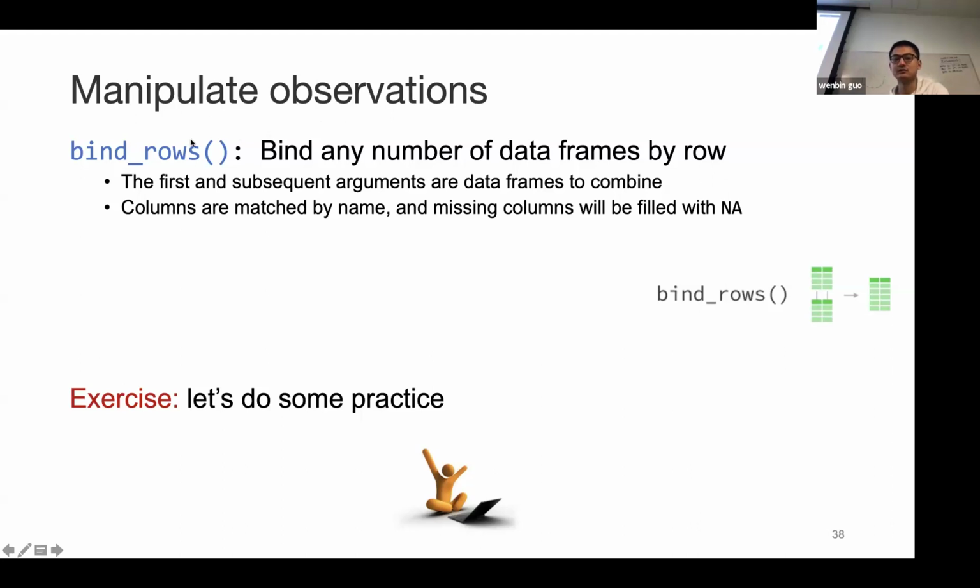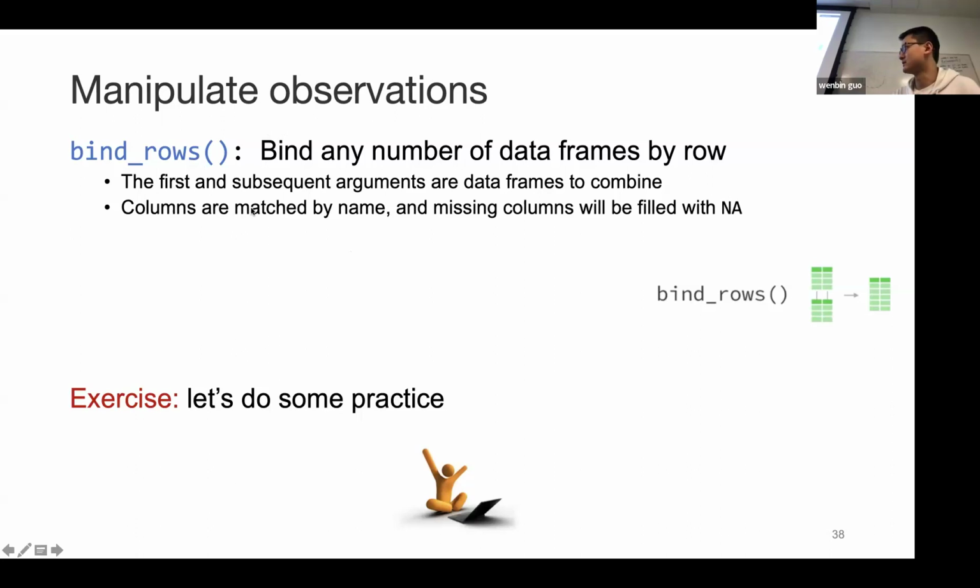Just input everything as arguments of the bind rows function, and it will output a final data frame for you. So compared to the rbind function, this one is more convenient to use.